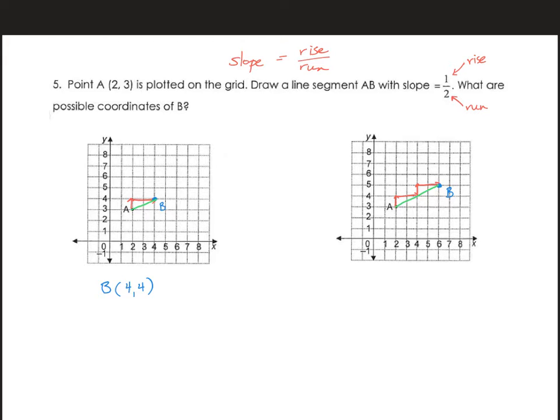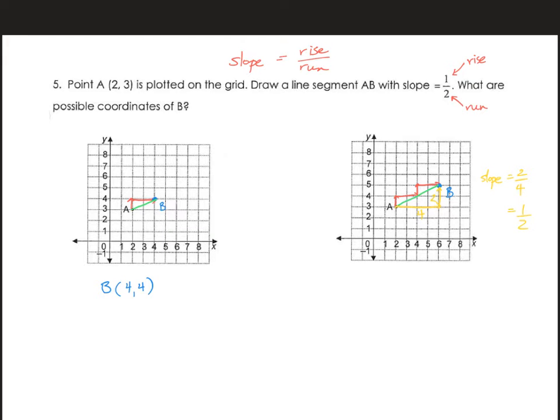Now, it doesn't quite look like a slope of 1/2 at the very beginning because my run was actually from 2 up to 6, so a run of 4 units, and my rise was actually 2. But we can hopefully see that my slope is 2/4, which reduces to 1/2.